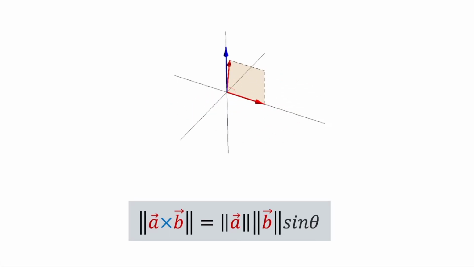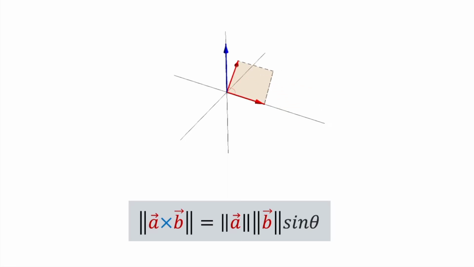But you can also think of the magnitude of the cross product vector as the area of the parallelogram formed between A and B. Vectors A and B form this parallelogram, almost like a planar parallelogram. The length of that cross product is the area of that parallelogram formed between vectors A and B.